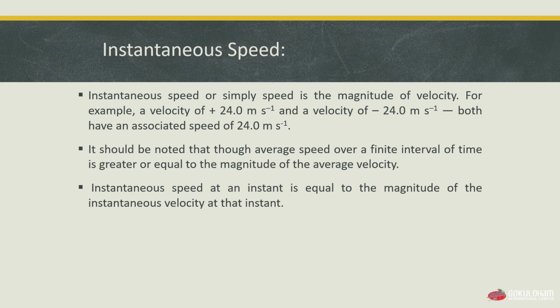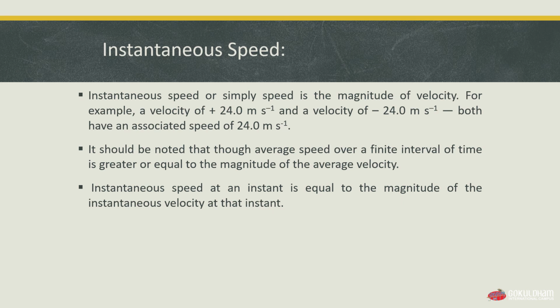There is a note for you: it should be noted that average speed over a finite interval of time is greater than or equal to the magnitude of average velocity. This was the note. Now, instantaneous speed at an instant is equal to the magnitude of instantaneous velocity at that instant.